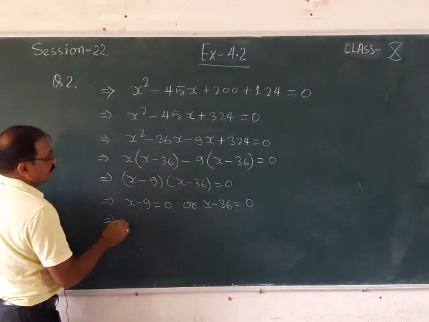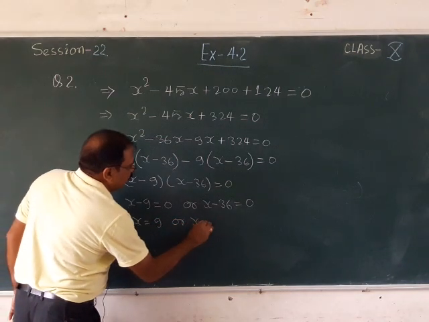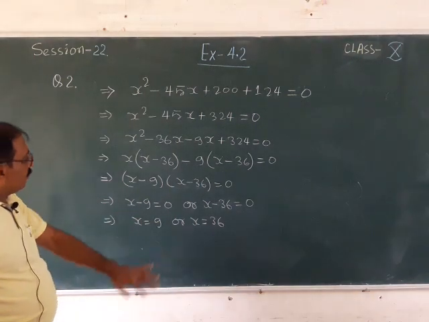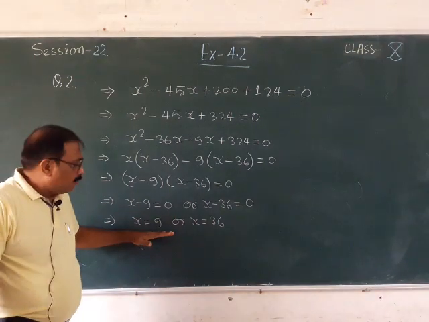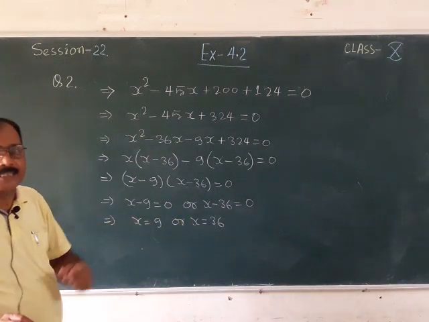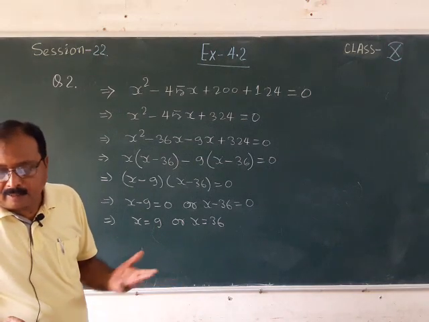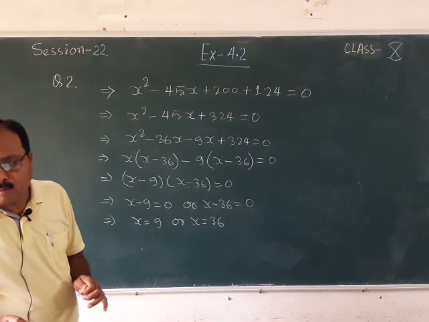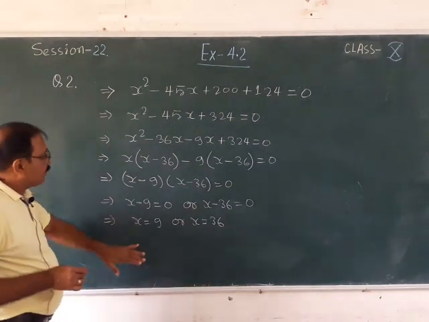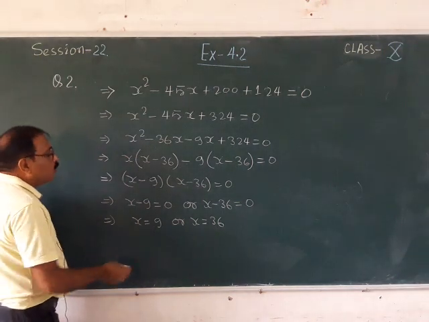Further I can write x equal to 9 or x equal to 36. That means it may be that John has 9 marbles, then Jivanti has 36 marbles, and if John has 36 marbles, then Jivanti has 9 marbles. Hence the number of marbles they have is 9 or 36, but here we need to write a few more statements.